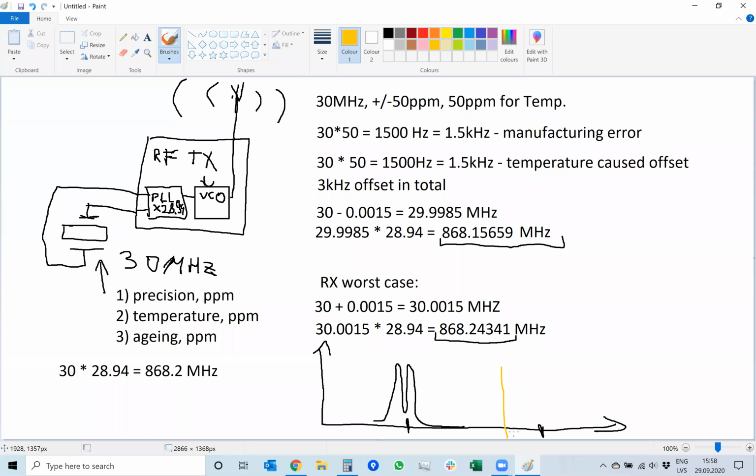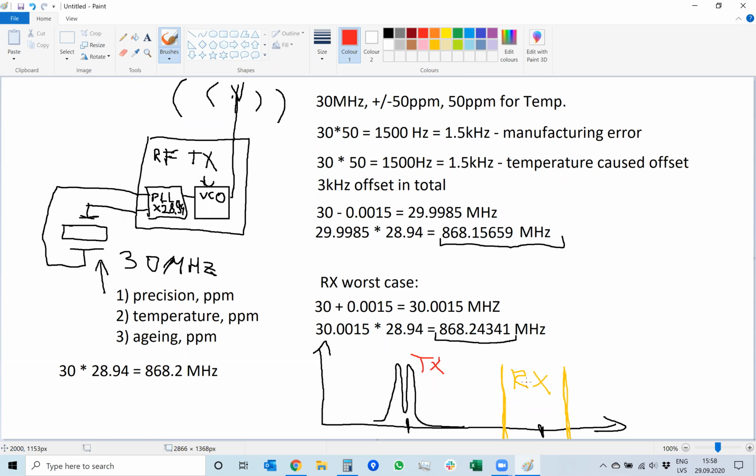So the receiver is listening to this band. It's listening here, but the transmitter has deviated because of crystal imprecisions. And as a result, receiver doesn't hear anything because transmitter is transmitting at a different band outside of receiver's reach.